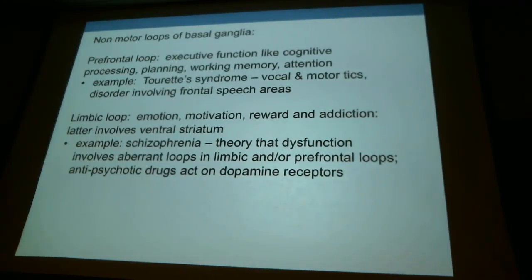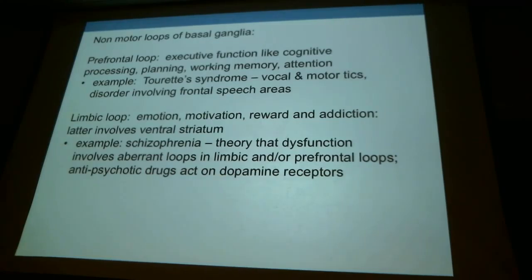So you have vocal and motor tics, and the idea is that it involves some speech regions in the frontal cortex. And then a second non-motor loop is known as the limbic loop. This is involved in emotion, motivation, reward, addiction. It involves a slightly different portion of the striatum. An example of what's thought to be dysfunction of this loop is schizophrenia.